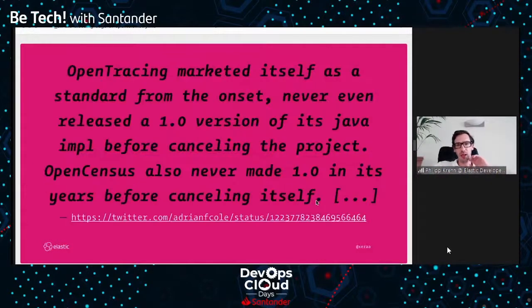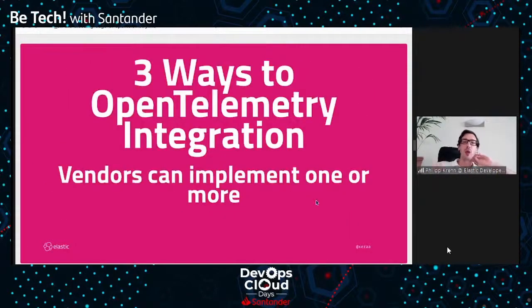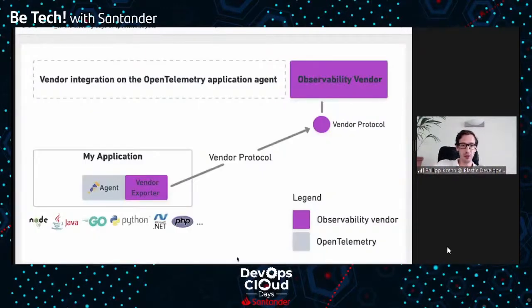Let me switch over that because we don't have enough time. To integrate into OpenTelemetry, a vendor can integrate in one of three possible ways, and the vendor can do one, two, or all three of them. So what you can do is you have a generic OpenTelemetry agent for the various programming languages, and then you have a vendor exporter on that agent.